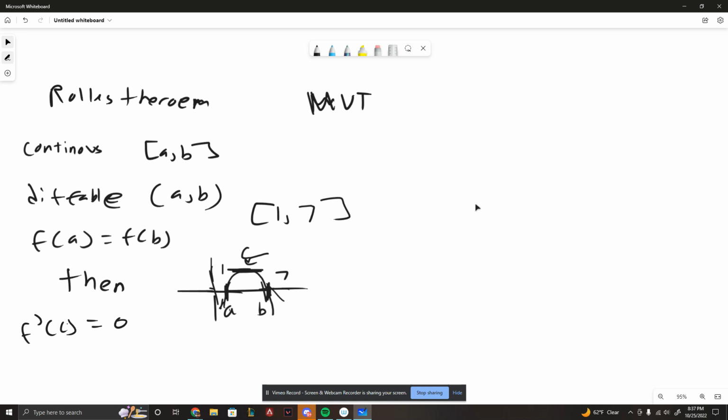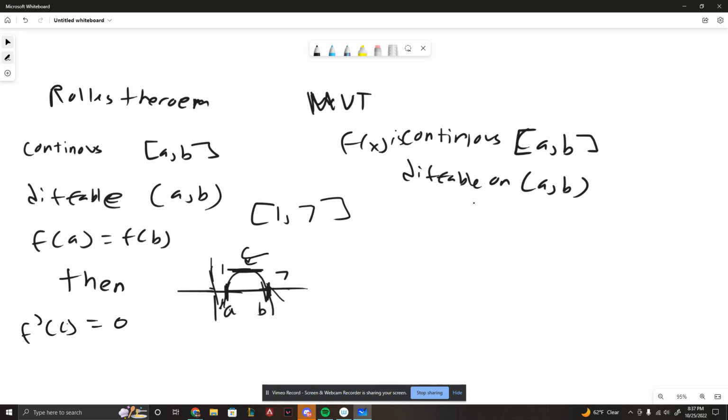And now let's talk about the mean value theorem. So the mean value theorem is a little bit similar to Rolle's, but not exactly the same. It still has the same conditions: if f of x is continuous on the closed interval of a to b and differentiable on a comma b, then there's no third condition here.